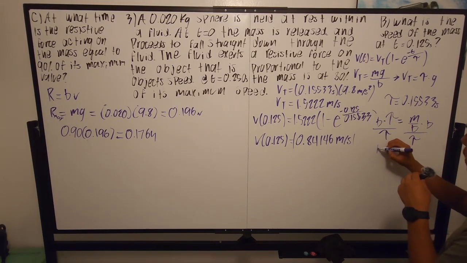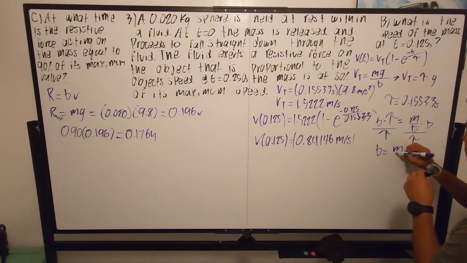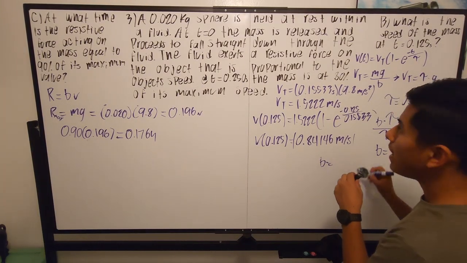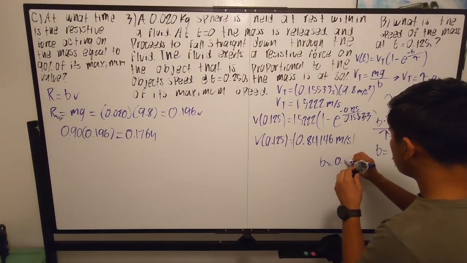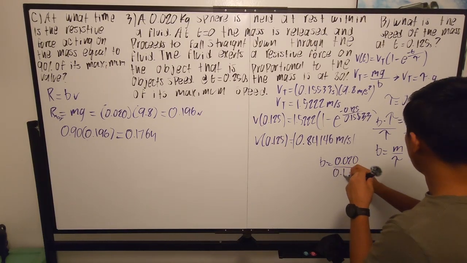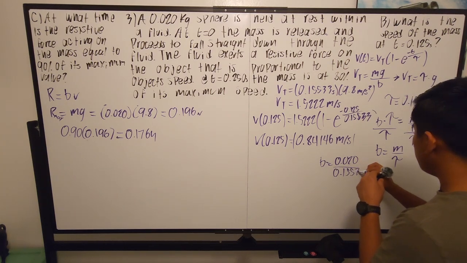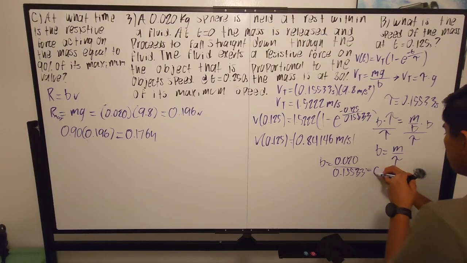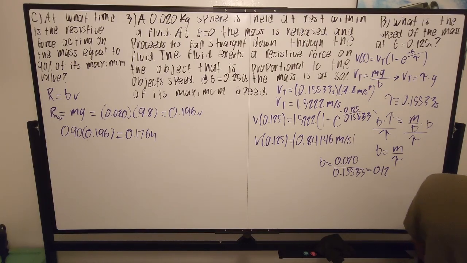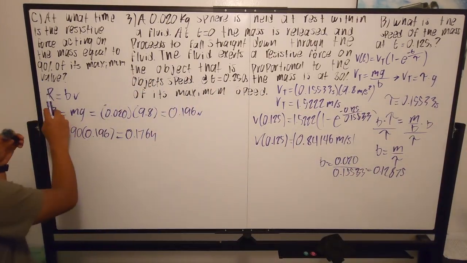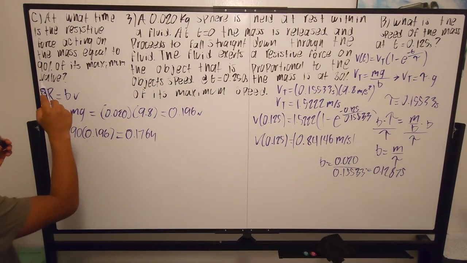We will get that B is equal to the mass over tau, which is 0.020 over tau, which is 0.15533, which is then going to be equal to 0.12875.